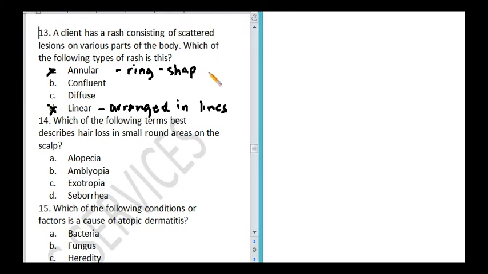They try to imitate a ring when it comes to arrangement. So it's either B or C. Answer, letter C. Eliminate B. Why? Because confluent rashes are arranged near each other, and we all know that in the situation it says scattered. Therefore the answer here is letter C.